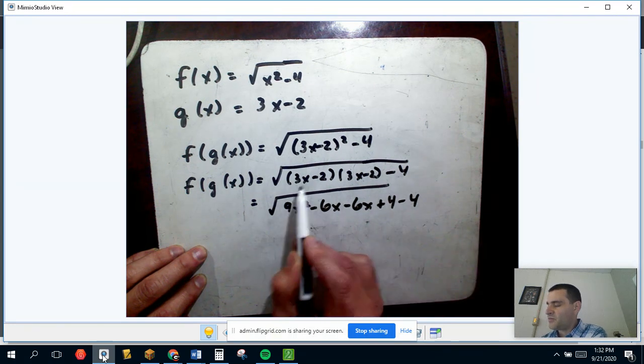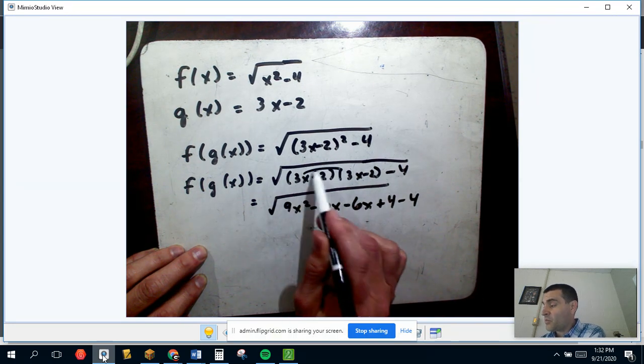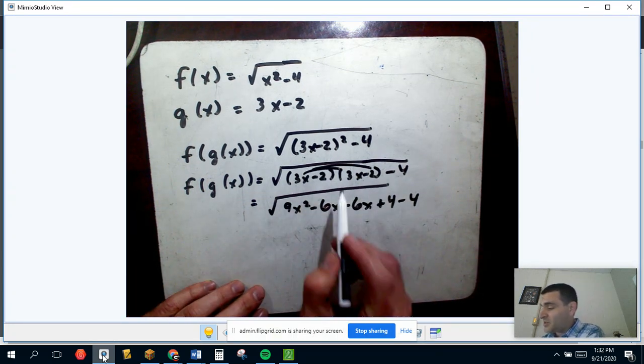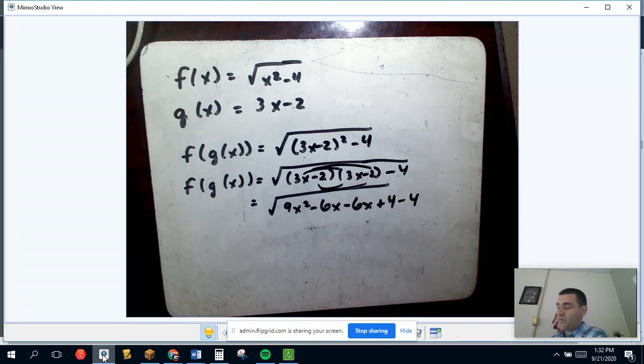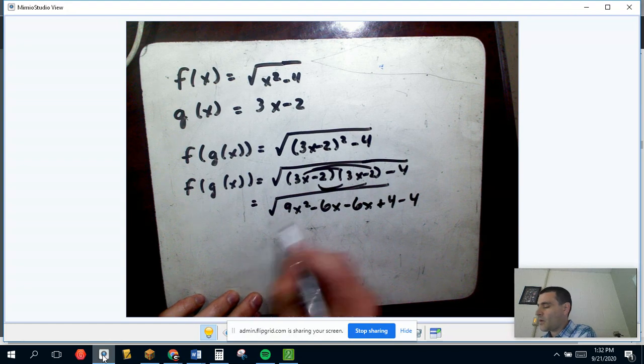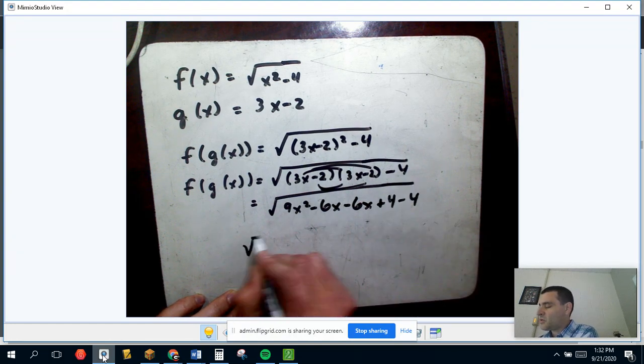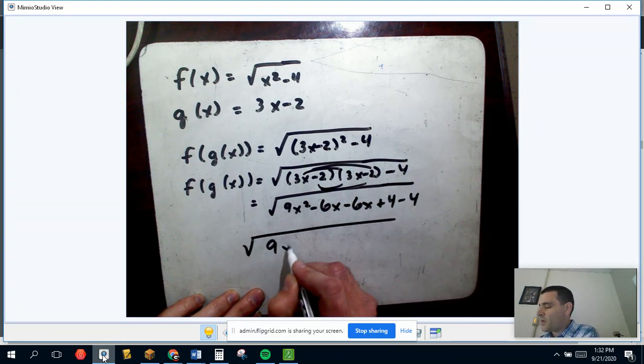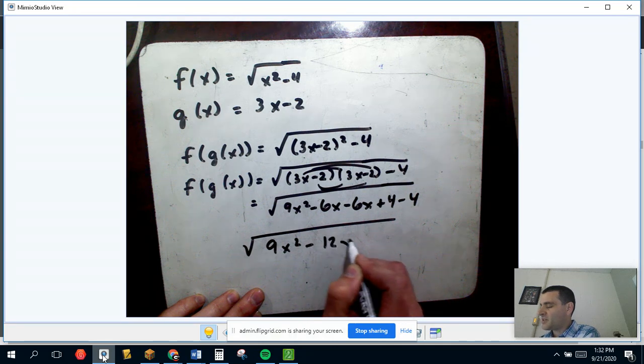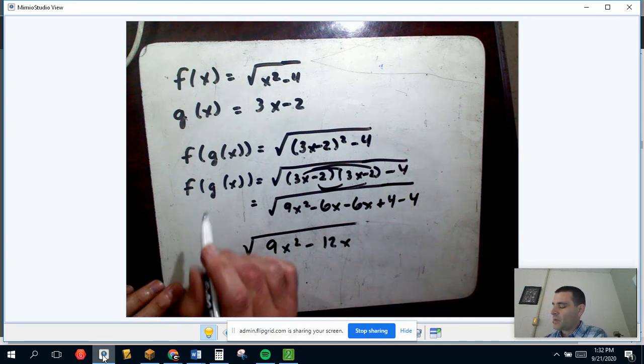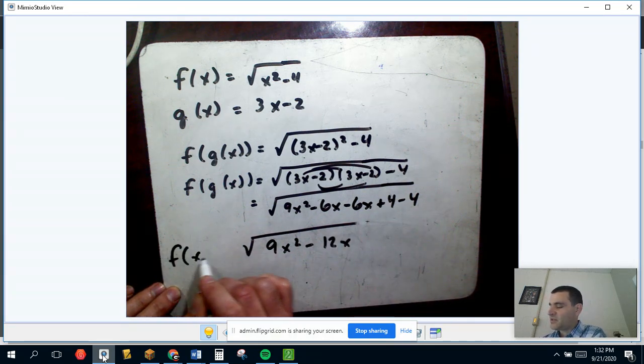And what I'm doing, I'm just distributing or using what people call the FOIL method, sometimes is what folks like to think of with binomial times binomial. Okay, so square root of 9x squared minus 12x. So that's f of g of x.